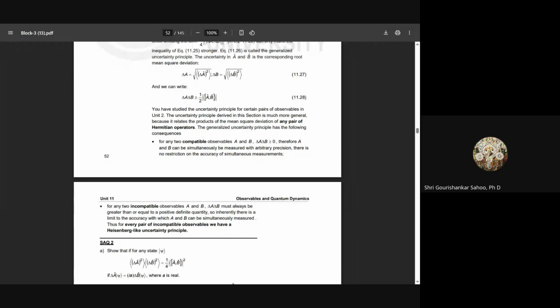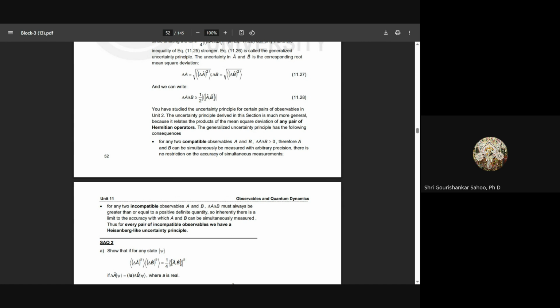In this picture, in a Hilbert space, you can define it as: for any two compatible observables A and B, del A del B is greater than or equal to 0. Therefore, A and B can be simultaneously measured with arbitrary precision. There is no restriction on the accuracy of simultaneous measurement.